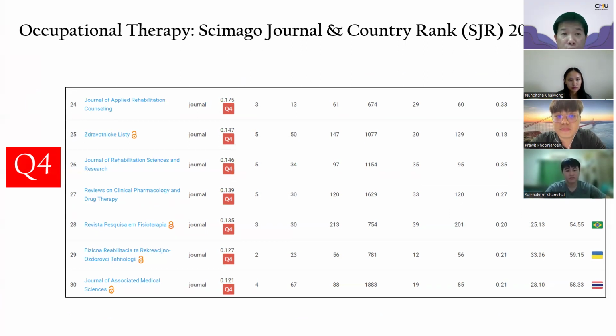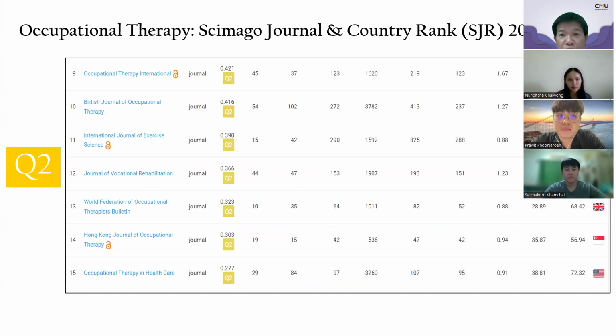It reached Quartile 4 just last year. It now has an area in Scopus and Web of Science already. JAM is one of the OT journals.